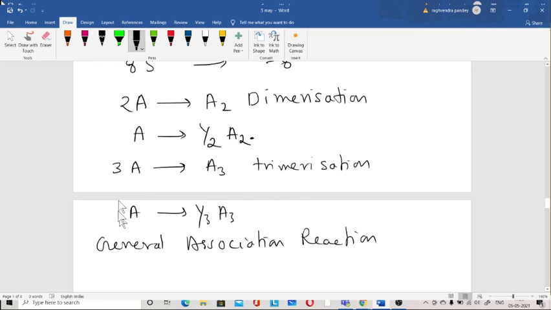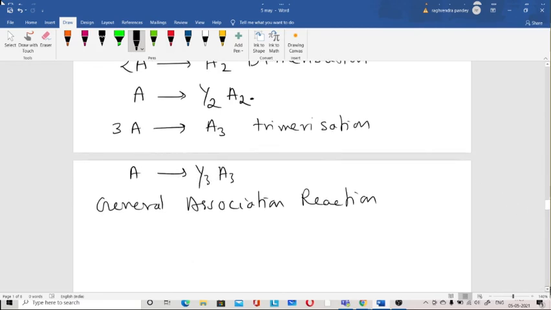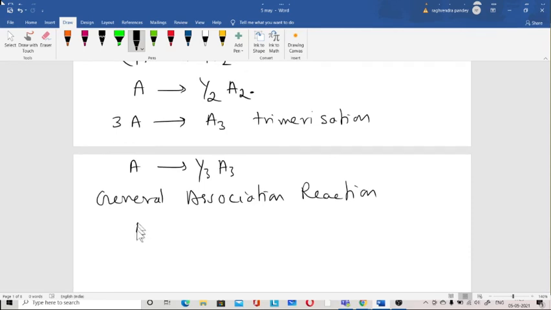If I am writing 1A only, it is giving 1 by 3. So if I am writing A gives AN, where N can be anything, 1, 2, 3, 4, 5, 6, I have to divide by N, so 1 by N. All of you are getting this?